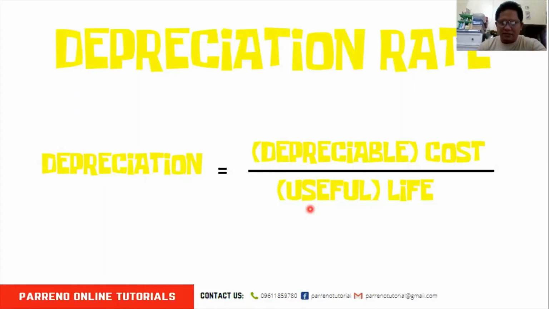But there are types of assets that are most productive in the early parts of the asset life. Therefore, for this type of assets, straight line method is not the best method of computing depreciation, meaning it's not the best method to match cost with its corresponding revenue.